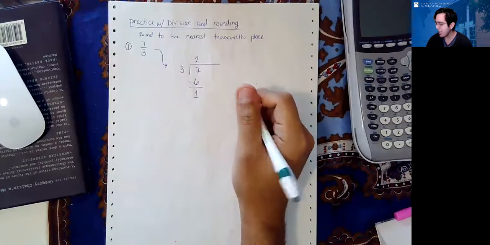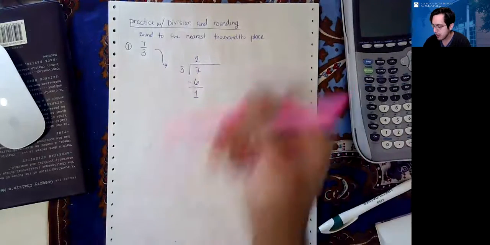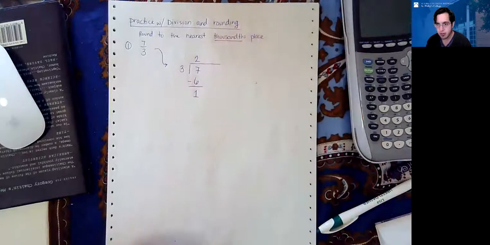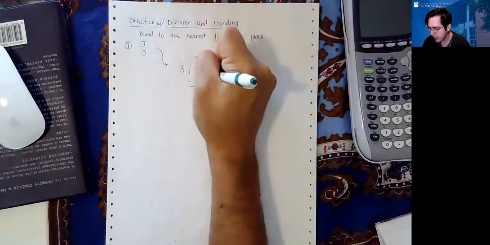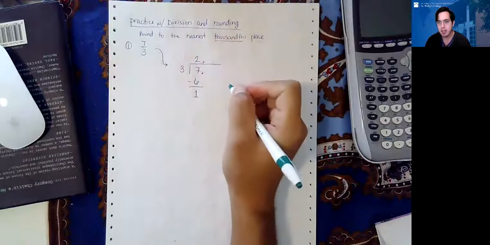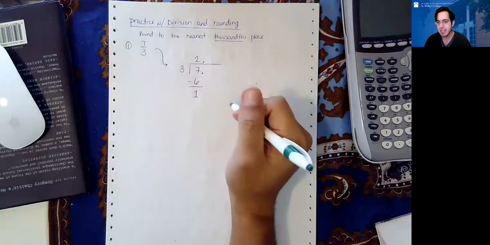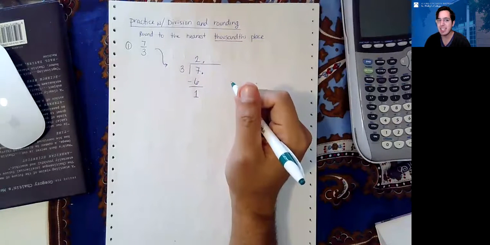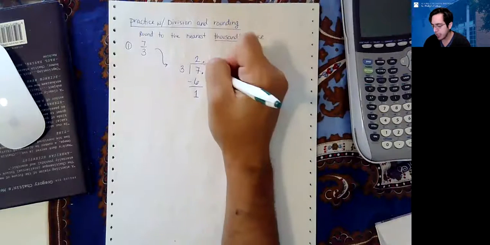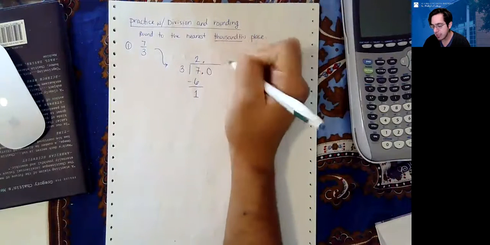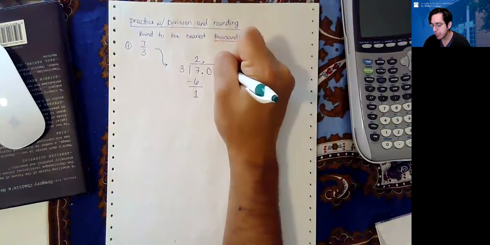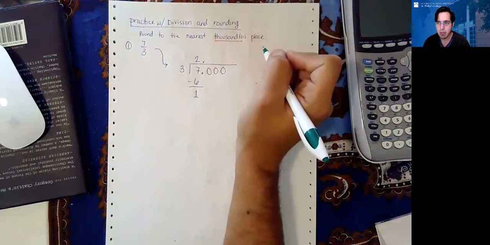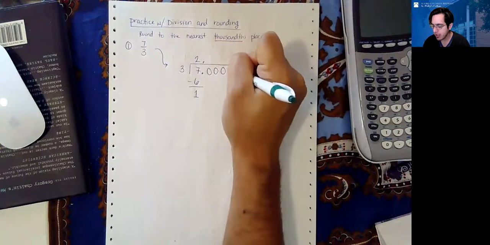But we need to go to the thousandths place. So you just have to now throw some decimals in. We have a decimal here and here. And we need to get to the thousandths place. So we can count, this will be the tenths place, the hundredths place, the thousandths place, and that's how many zeros I will add, but I will actually add an additional one.